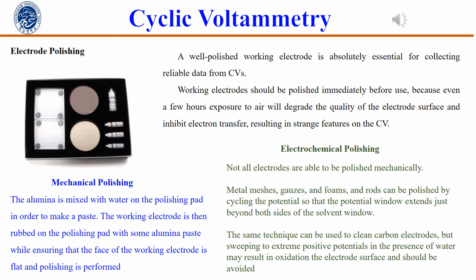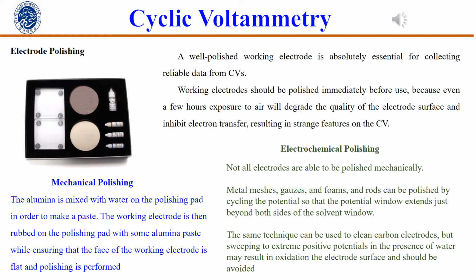After polishing for about 30 seconds, the electrode should be sonicated in deionized water for just 1 minute. Sonication removes any alumina that may have adsorbed on the electrode surface.